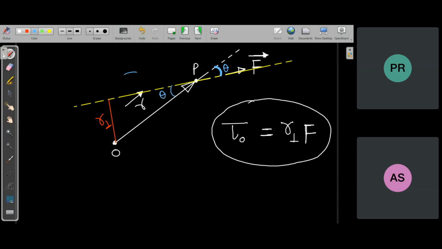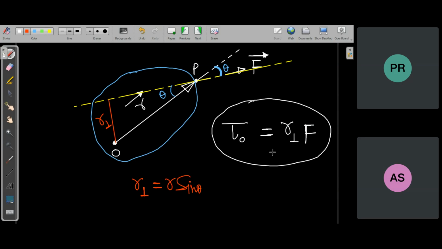Now in this triangle you will see that r perpendicular will be nothing but r sine theta. So r sine theta is nothing but this r perpendicular. That's why the formula can simply be written as r perpendicular into F, which is nothing but rF sine theta. Many a time, drawing and calculating this r perpendicular is very easy.